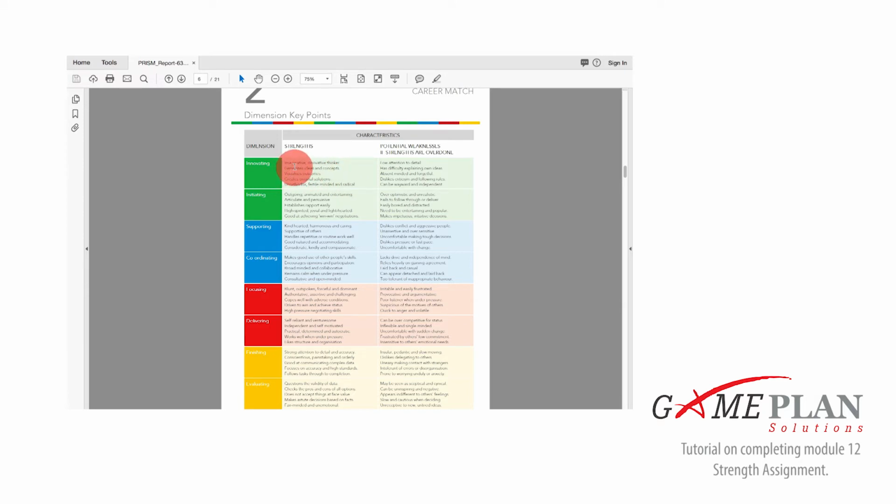So if we look at these statements here: imaginative and innovative thinker, generates ideas and concepts, visualizes outcomes, creates original solutions, unorthodox and fertile-minded and radical. Well, that is, to all intents and purposes, a good description of my naturally expressed behavior in that key dimension of performance.